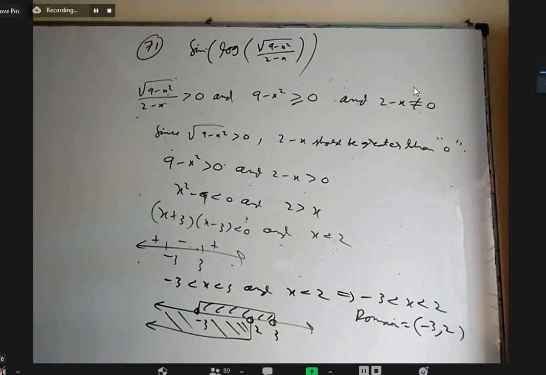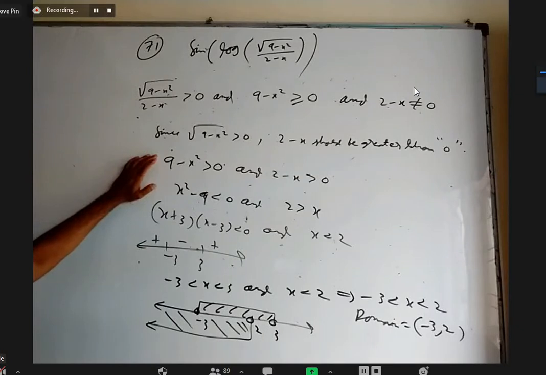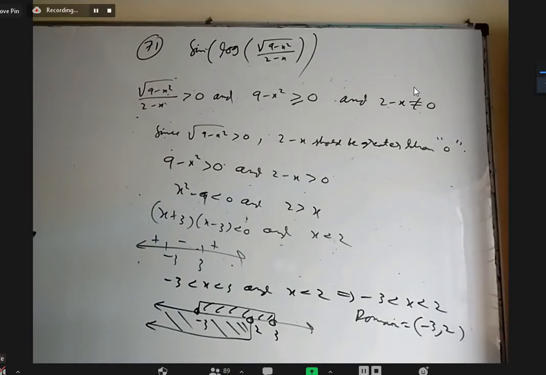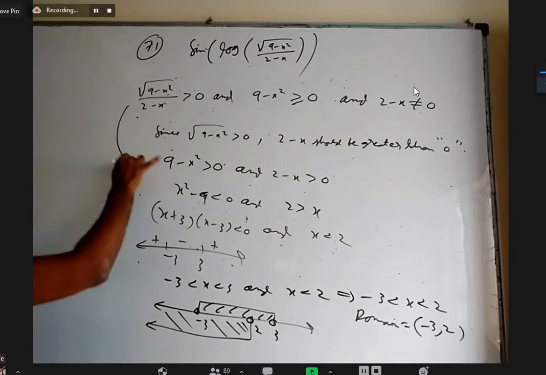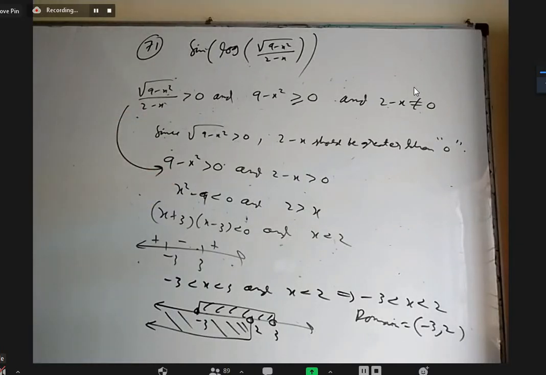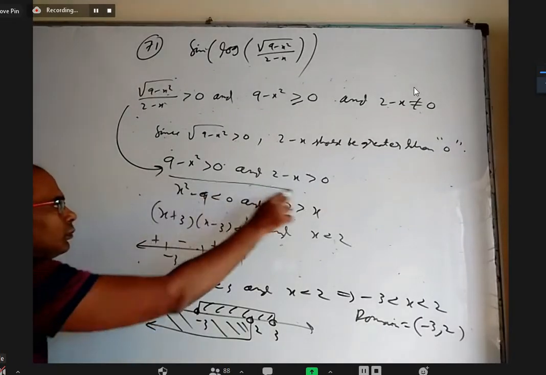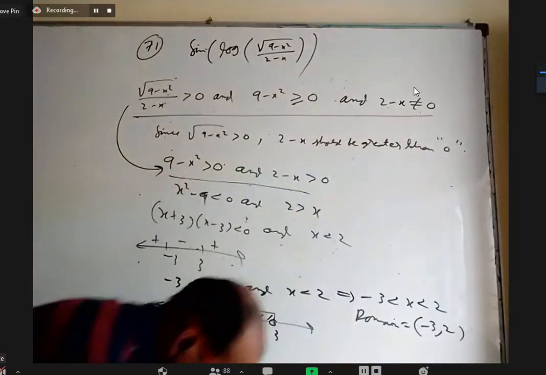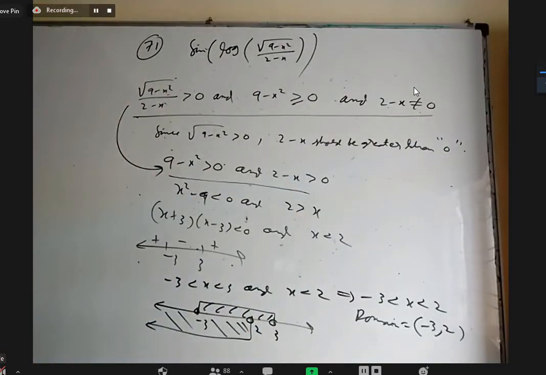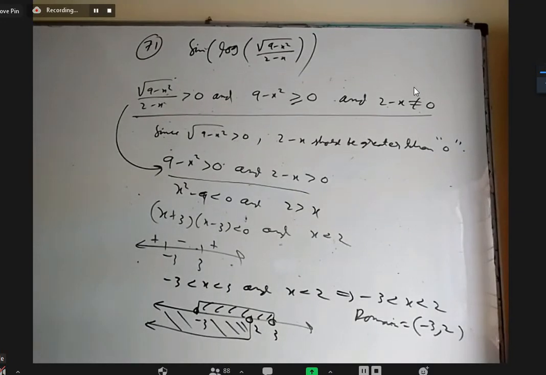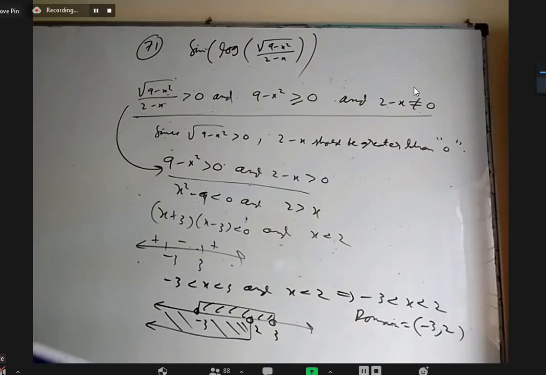Anybody else has any part of it doubt? Well, you have to see how from here we got this one. We should be clear about that. Of course, for doing 73, I have to tell something about inverse function and then greatest integer function.